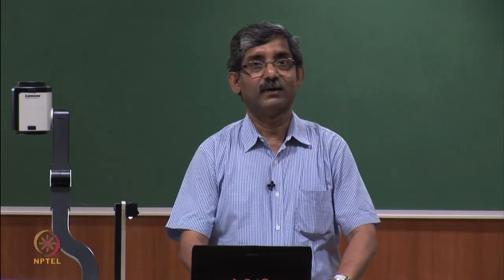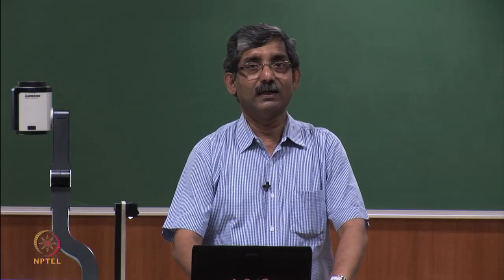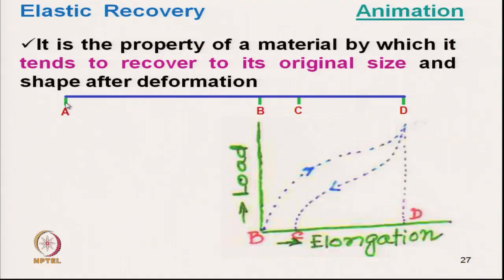Okay. Now, this is the yarn. Suppose the yarn's initial length is AB. Now, it is a load elongation curve. We are extending from B to D, the load has increased. Up to this point we are not breaking the material, and after that we release the material.